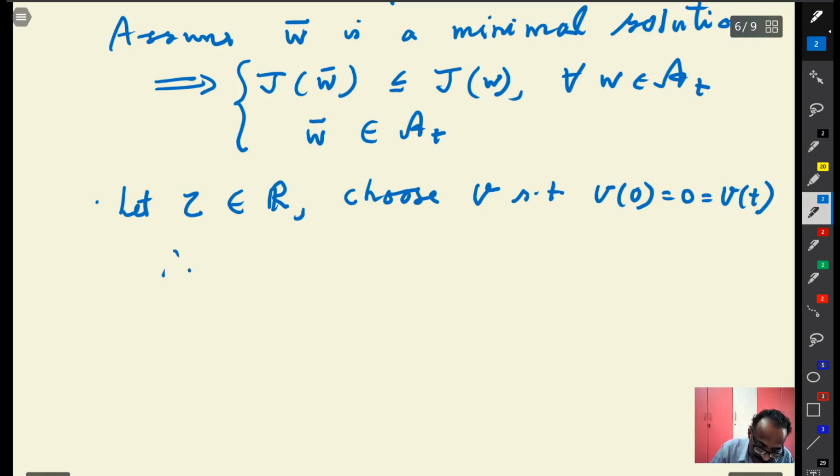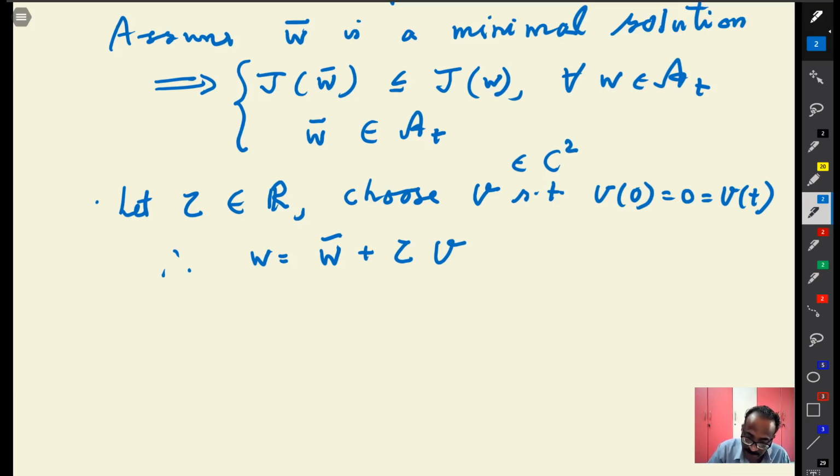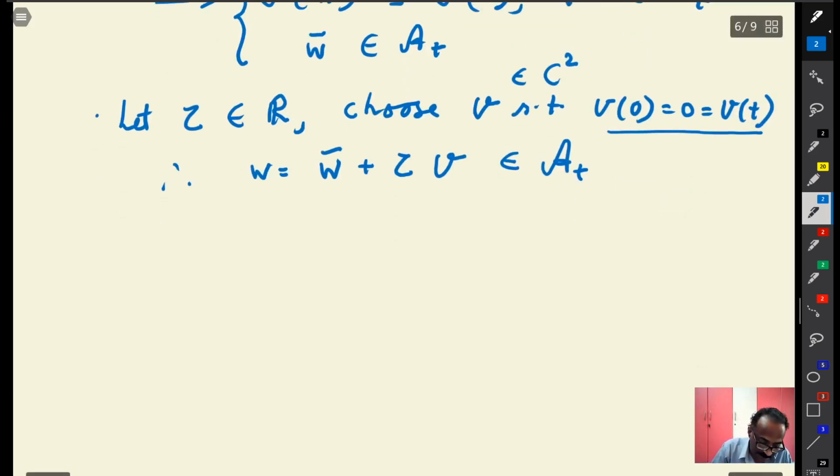Therefore, if I choose w equals w bar plus tau v, and v is a C2 function, so v is also smooth, but v doesn't contribute any boundary condition, so it will retain the same boundary condition. So this is in AT. I fix T for the time and later I vary. So fix T, v as well. w bar is already chosen, which is fixed.